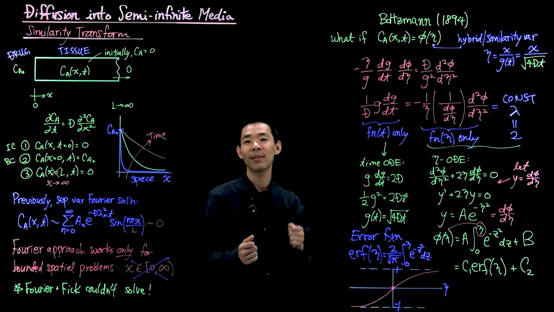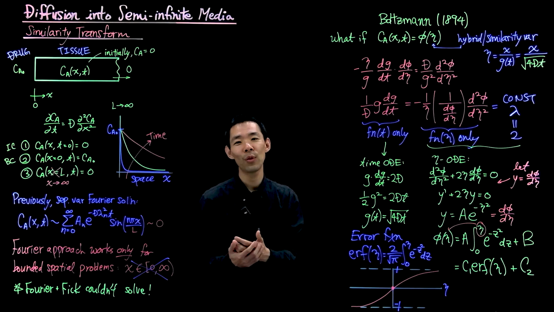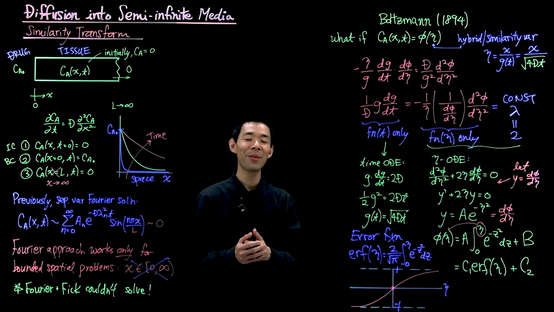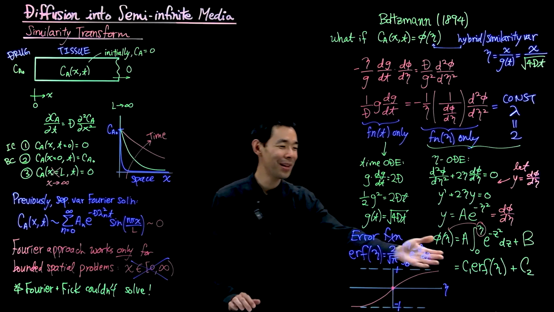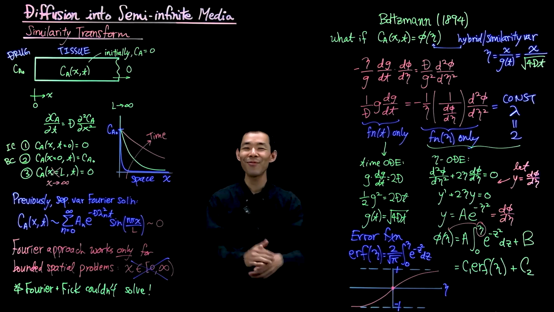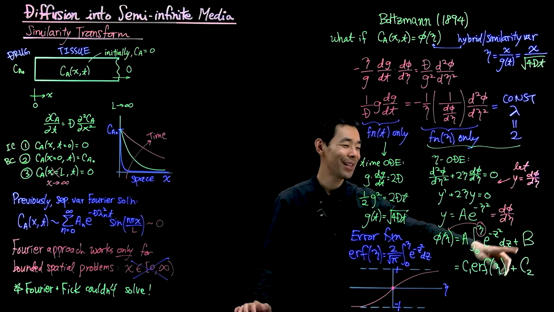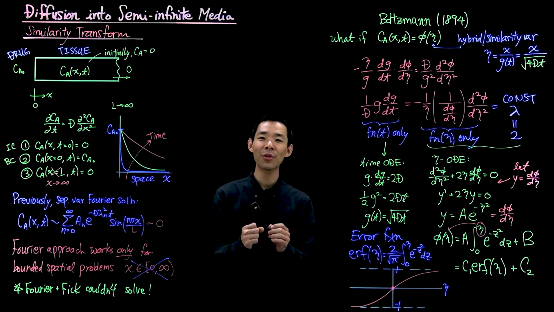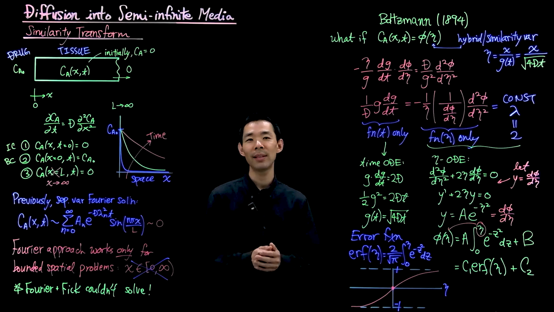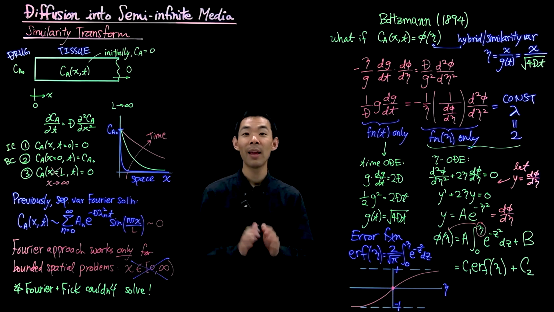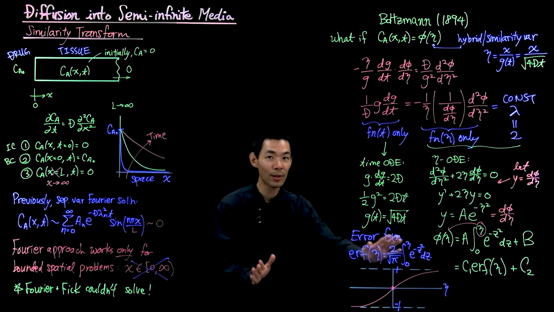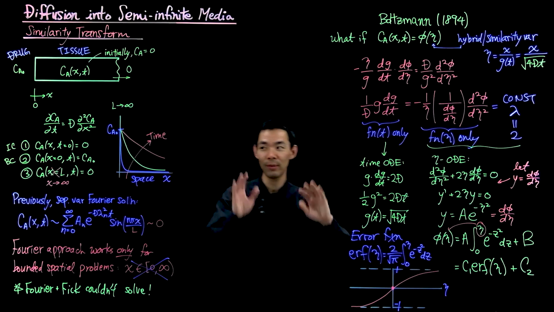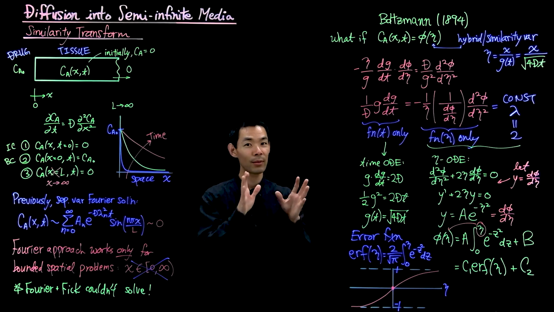I call it c1 because there's a factor of 2 over root pi hidden in there somewhere, just another constant. So c1 times error function of eta. And then just for kicks, I've also called this next integration constant c2. So the idea is you have some error function, constant c1, constant c2 that we need to determine. Now, this is our solution so far, right? I mean, we did a lot of work, but let's recap.